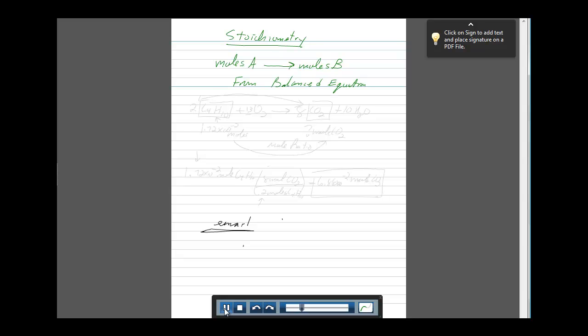As an example, let's take a look at this following balanced chemical equation, where we have 2 moles of C4H10 combusting with oxygen, 13 moles of oxygen, to make 8 moles of carbon dioxide and 10 moles of H2O, water.